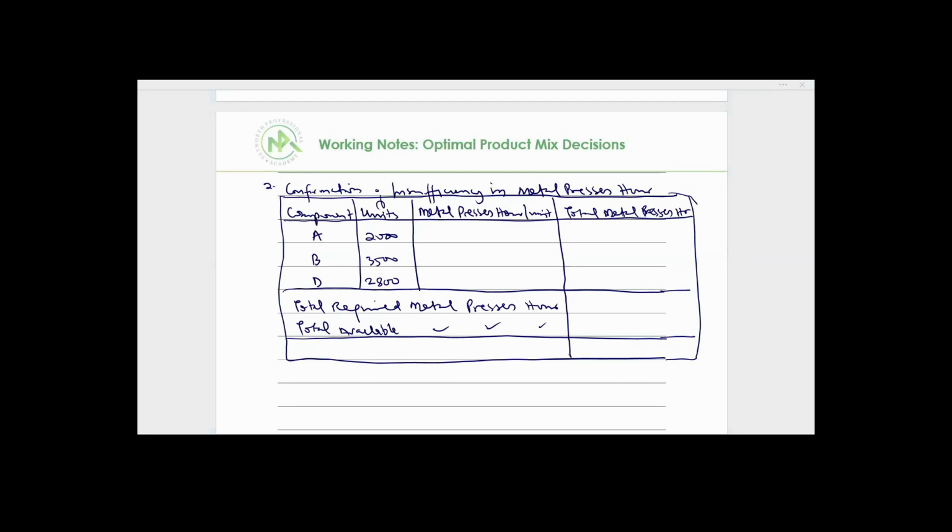This means that to get your metal presses hour per unit, you divide your direct expenses by 2 naira 50 kobo. So for component A, 2 naira 50 kobo divided by 2 naira 50 kobo.